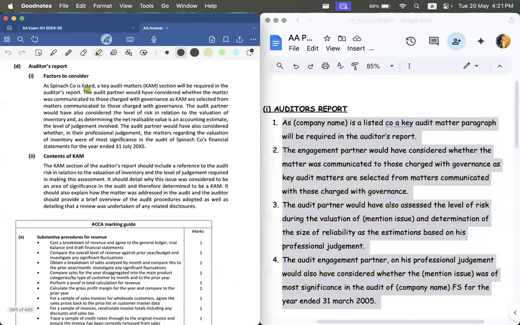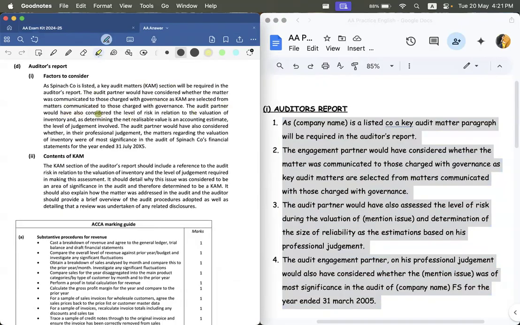See, as Spinach Company is listed, a CAM section will be required in the auditor's report. The audit partner would have considered whether the matter was communicated to those charged with governance, as CAM is selected from matters communicated to those charged with governance. Clear?